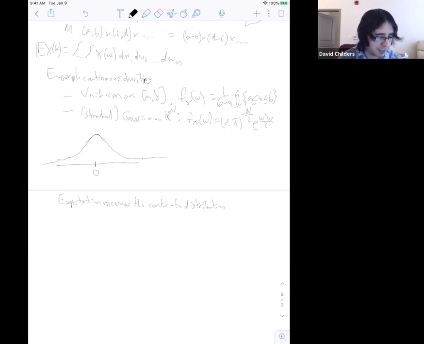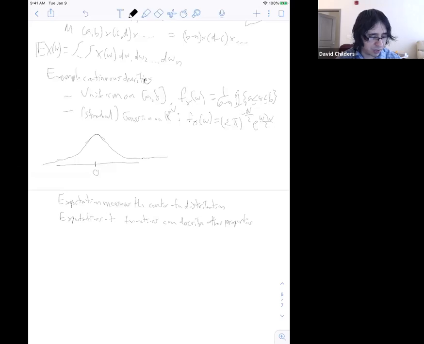And so expectations of functions can describe other properties. As an example, the expectation of a quadratic is commonly used.